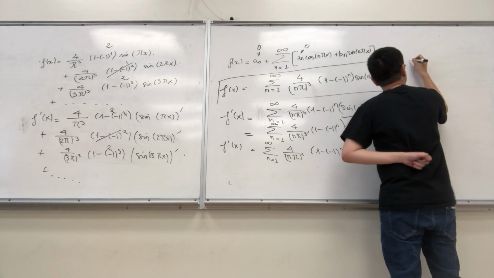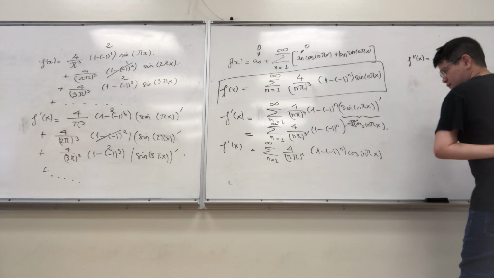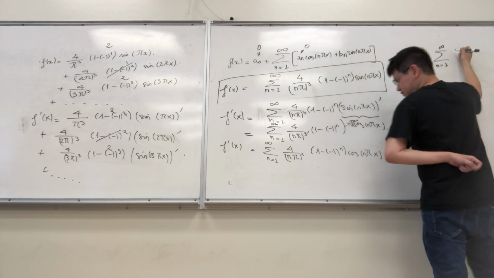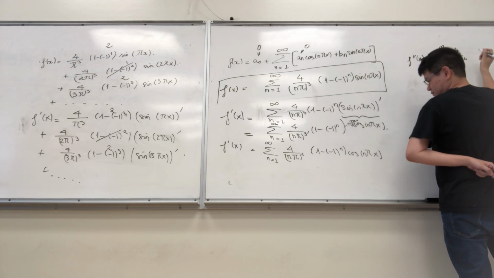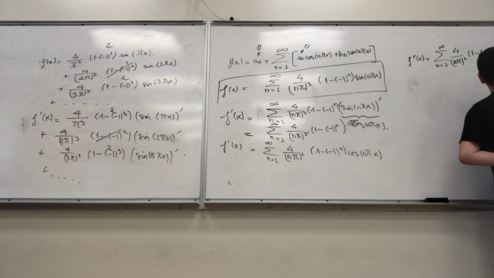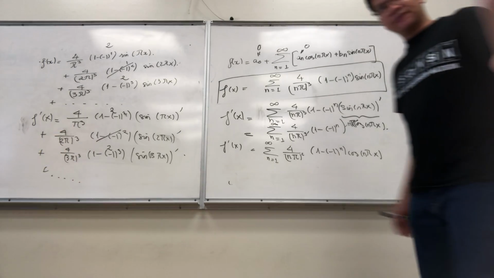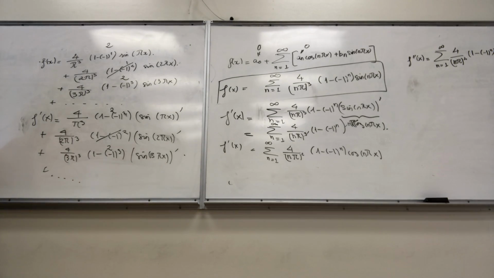So I have f second of x will be the sum, n going from 1 to infinity, of 4 over n pi square, 1 minus 1 to the power n, and I'm going to take the derivative of cosinus n pi x. Once you have the series, you can take the derivative on a cosinus function. It's clear?